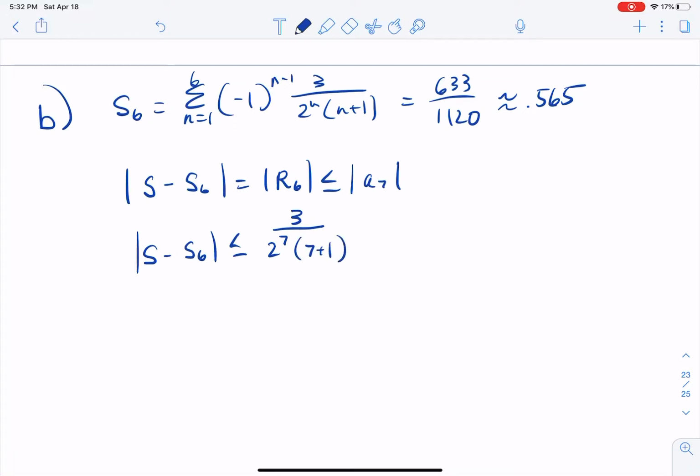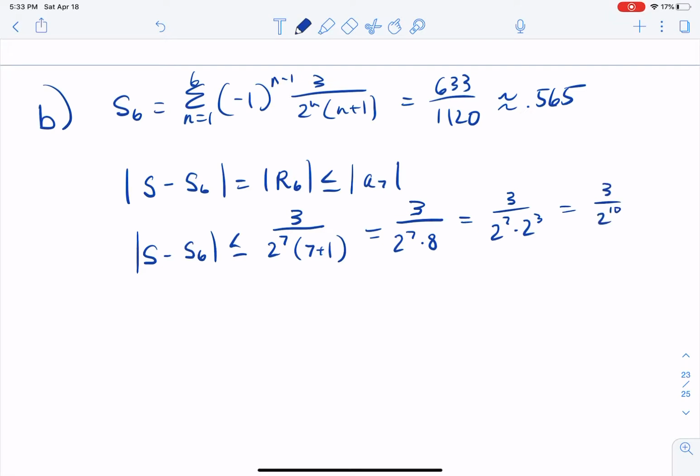So I've got 3 over 2 to the 7th times 7 plus 1. Now I just want to keep simplifying this because I have a number that I'm trying to zero in on and show that this number is less than that. I've got 3 over 2 to the 7, and this is times 8. You could put that into the calculator, but I know that 8 is 2 to the 3rd. 2 to the 7th times 2 to the 3rd. And all of this is 3 over 2 to the 10th.